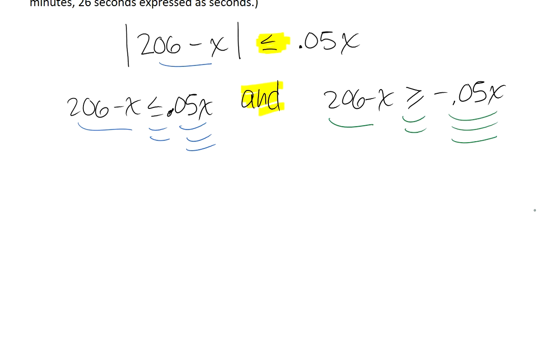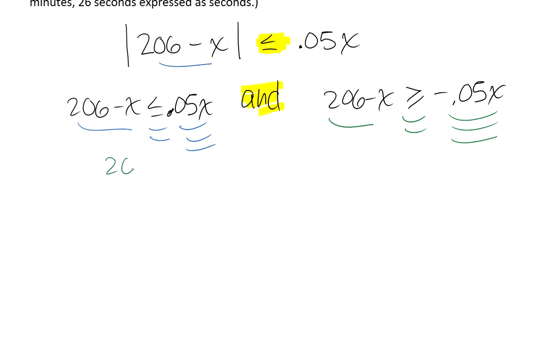And you might want to steep yourself in that, because they're just tools that'll help you deal with this situation and situations like this. So how do I solve this inequality? Well, I believe I'm going to add x to both sides. Maybe that's okay. So I'm going to add 1x to both sides.